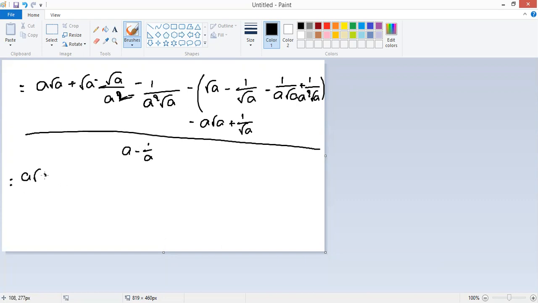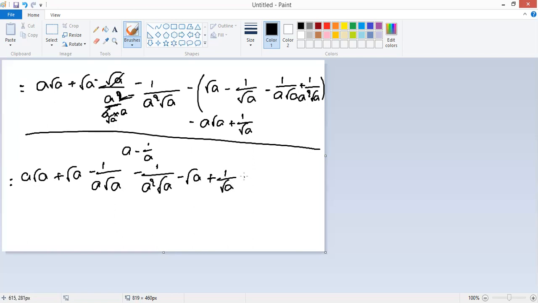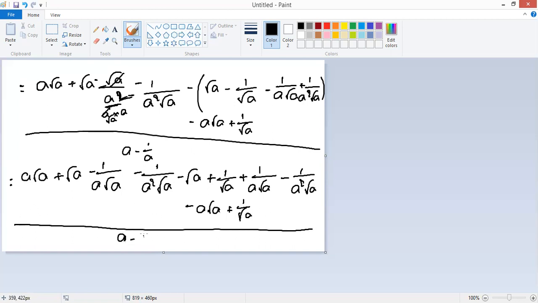Now if we solve this, a root a plus root a, this a square we can consider as a into a. Then this root a goes here, root a times. So minus 1 by a root a minus 1 by a square root a, minus into plus minus root a, minus into minus plus 1 by root a, minus into minus plus 1 by a root a, minus into plus minus 1 by a square root a, minus a root a plus 1 by root a, over a minus 1 by a.